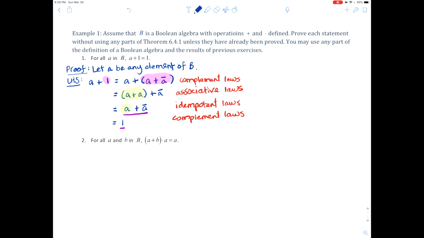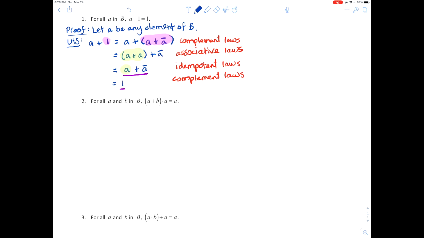So next one, for all A and B, the quantity A or B and A is equal to A. So again, we start our proof by identifying everything. And if we say for all elements A and B in B, what's going to happen?